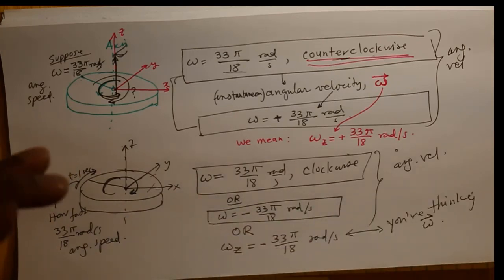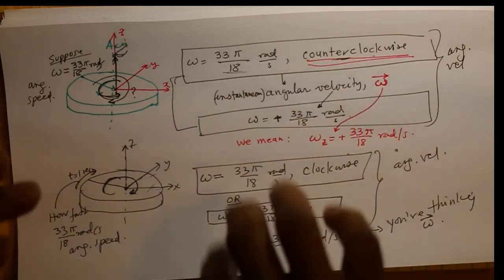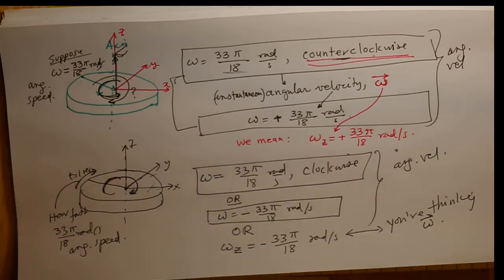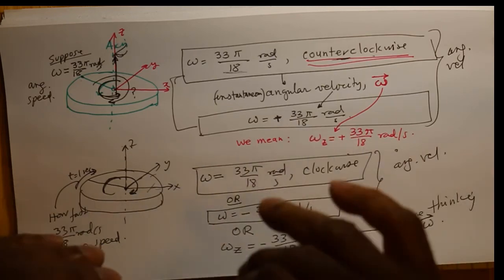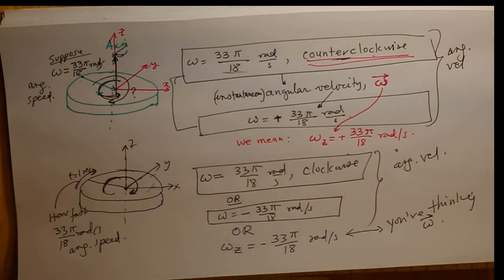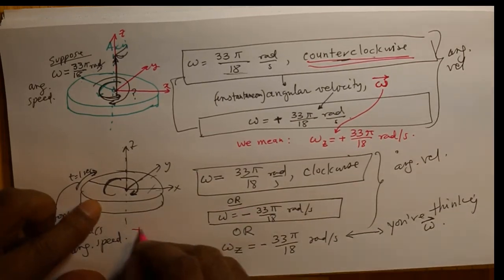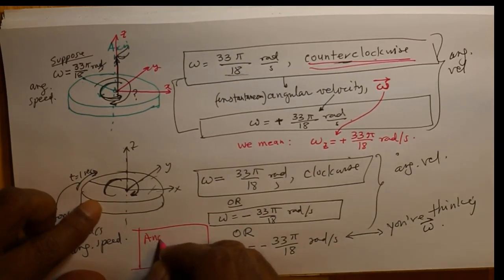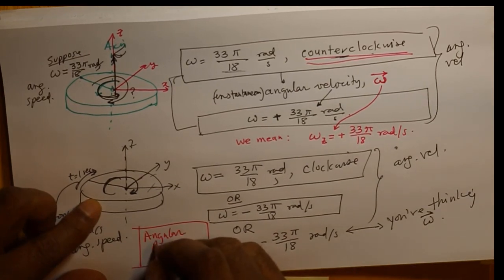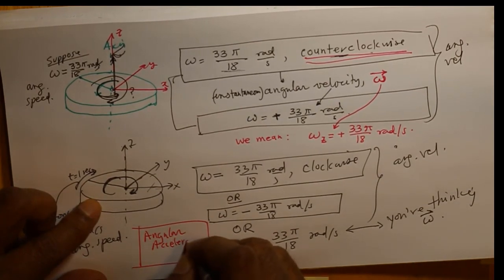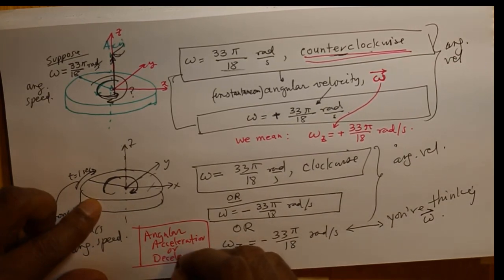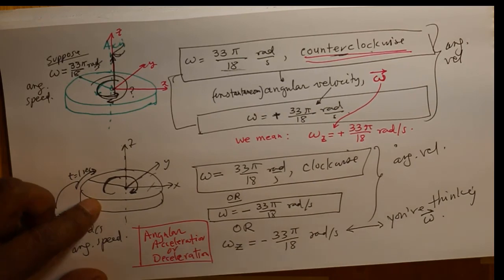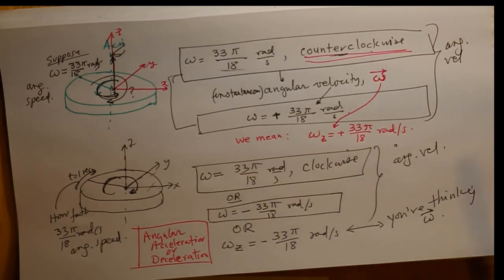When you turn the centrifuge off, it slows down to rest, slowly losing speed. That is the concept of angular acceleration, or angular deceleration. We're going to talk about that next. I'm going to stop here.